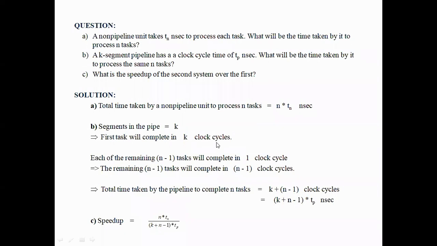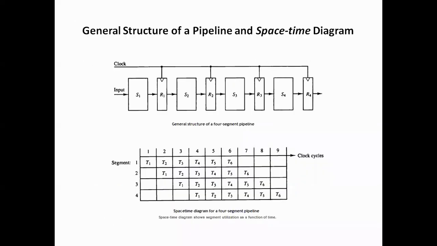What about the other tasks? The second task will complete in only 1 clock cycle. Why? Here we can see that T1 took 4 cycles, but just after 1 clock cycle we got the T2 answer, and just after 1 more clock cycle we got the T3 answer.